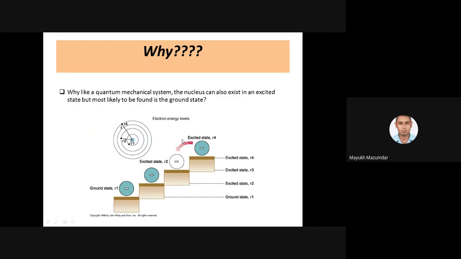Like the same thing which was predicted by Bohr's theory. And this is totally quantum mechanical, isn't it? So why does this happen for the nucleus as well? Got it? That was the third question.